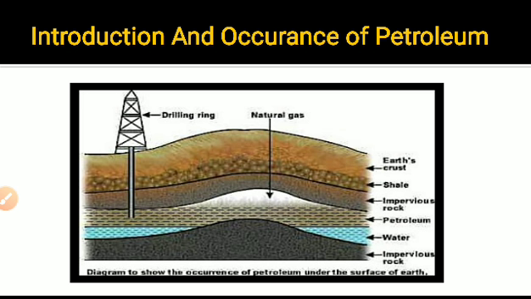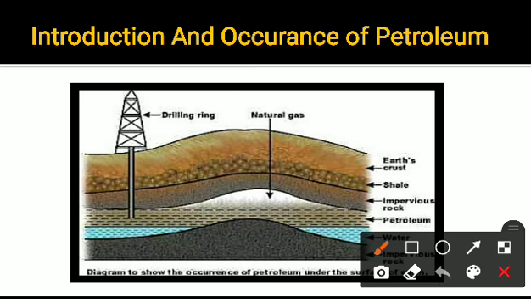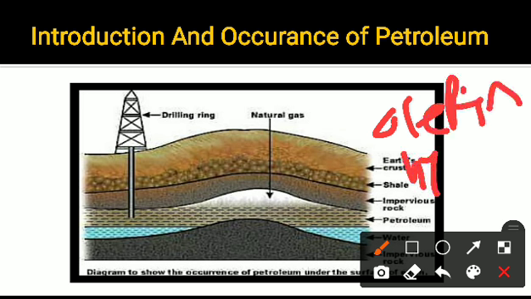The two most important petrochemicals are classified as olefins and aromatic compounds.